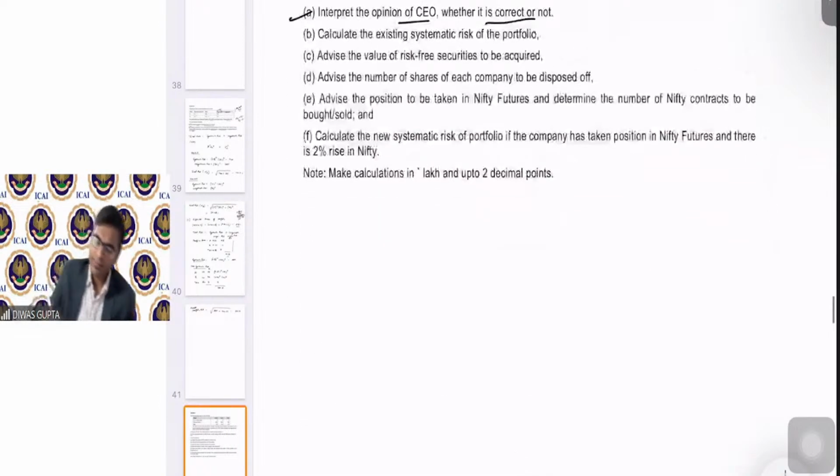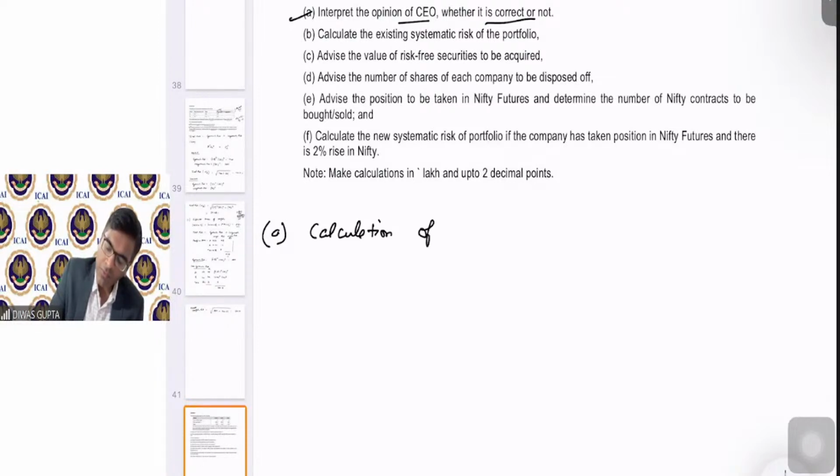So yes, students, calculation of portfolio beta. Okay.